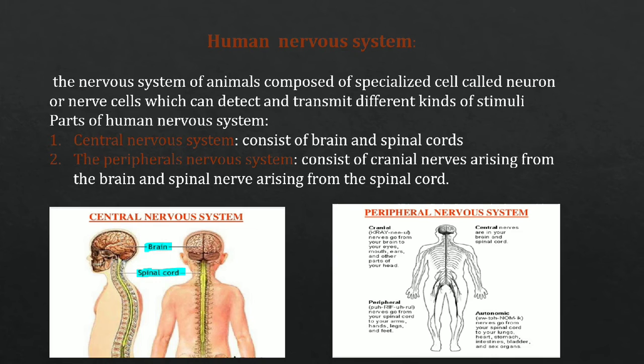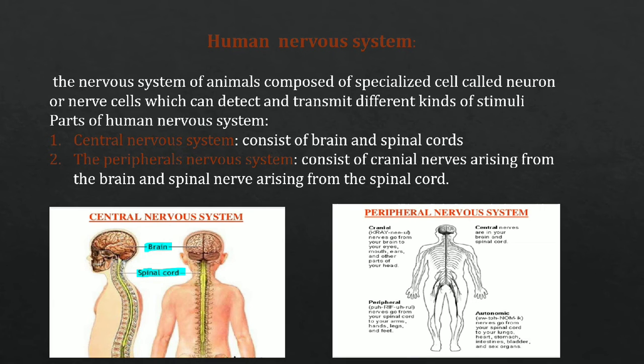So first we will study the human nervous system. The nervous system of animals is composed of specialized cells called neurons or nerve cells, which can detect and transmit different kinds of stimuli. So we can say the structural and functional unit of the nervous system is the neuron or nerve cell. There are two parts of the human nervous system. First is the central nervous system, second is the peripheral nervous system.